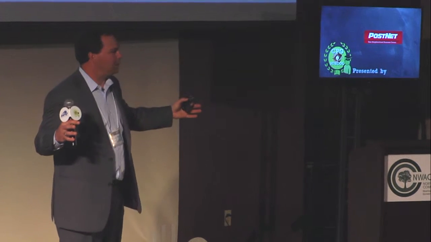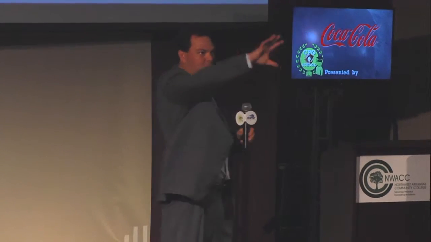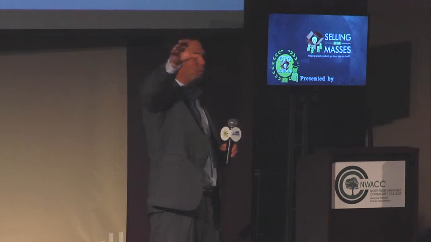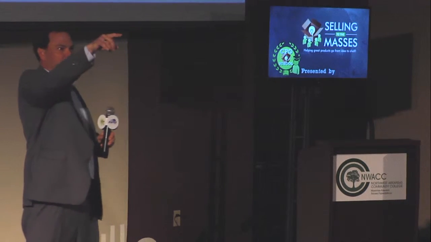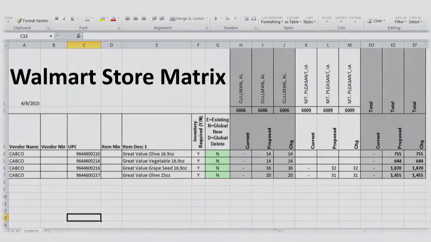So you need, when it comes to pricing, to have analytics that are customer adjustable inputs. And what I mean by that is if you spread this spreadsheet out over 42 stores and you could see where those 644 stores were and those 1,870 stores were and those 755 stores were, you might be able to sit down with your buyer in real time and say, my current cost per case with this distribution projection is $1.